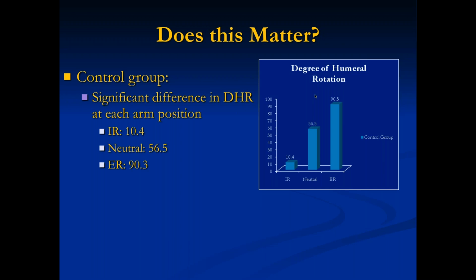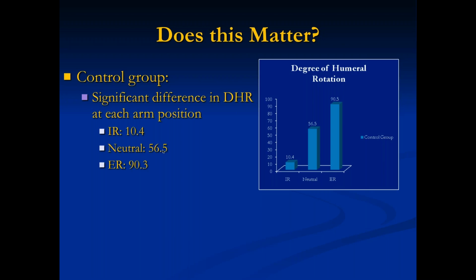Okay, I'm sorry. What this shows is when we put control individuals in the scanner and asked them to put themselves in internal rotation, neutral, or external rotation, we measured the degree of angulation based upon where the intertuberous groove is. In internal rotation, there was a 10-degree difference between the plane of the glenoid and where the intertuberous groove was.